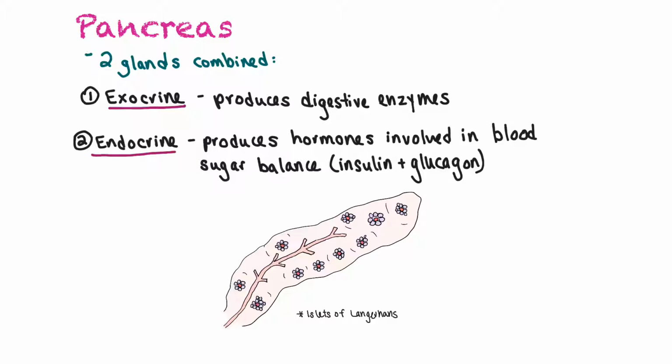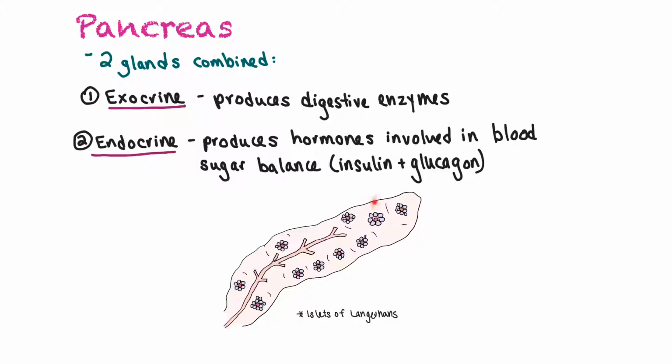Now, you can see here, this part along here is the duct. So all the exocrine products would be entering the duct, the enzymes would enter that duct and head off to the small intestine to act on the target tissue. And then these little clusters of cells that look like little blobs are the islets of Langerhans, and that's where the endocrine portion of the gland is.